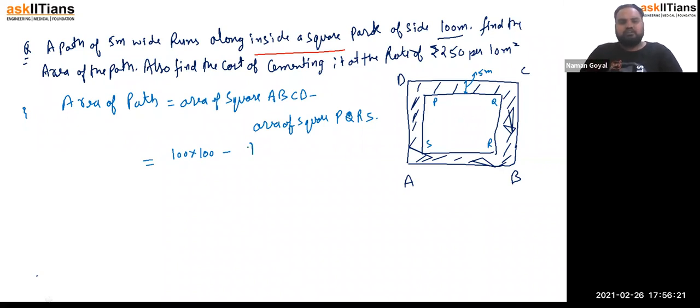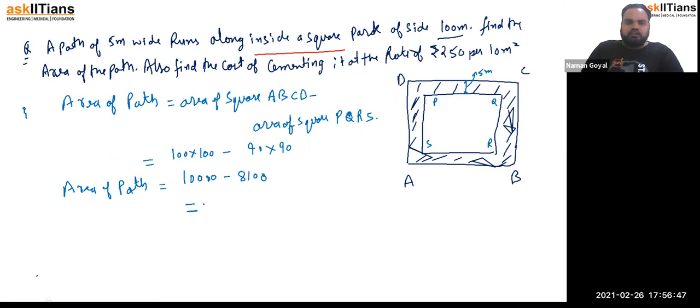It is a square, so the area will be 90 into 90, isn't it? So the area of path is 10,000 minus 8100. So the area of that path is 1900.